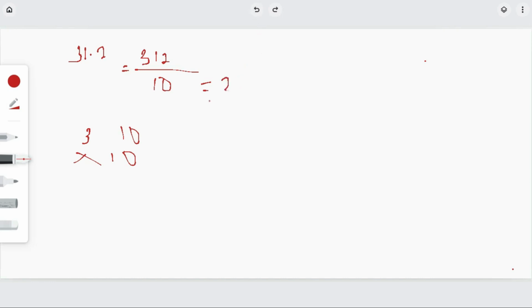So that would be 31 whole number 2 over 10, and we can even reduce this one further. That would be 31 whole number 1 over 5. So that's the correction for the first one.